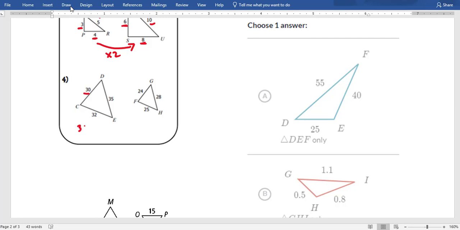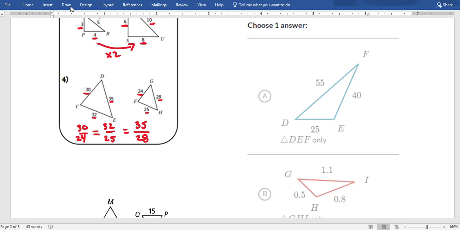I'm going to put 30 over, and then I'll pick the smallest number on this triangle on the right. 30 over 24. And I'll say, hey, does that equal 32, the mediumest number, over 25, the mediumest number? And does that equal, I'm going to pick the largest number, 35, over the largest number, 28.